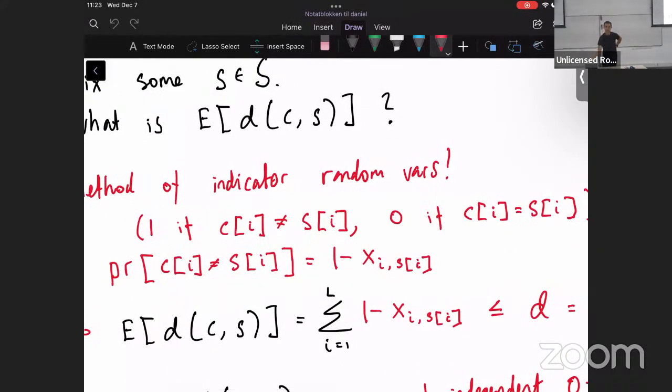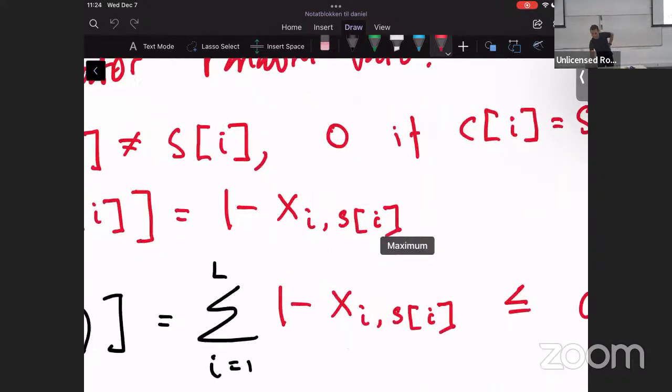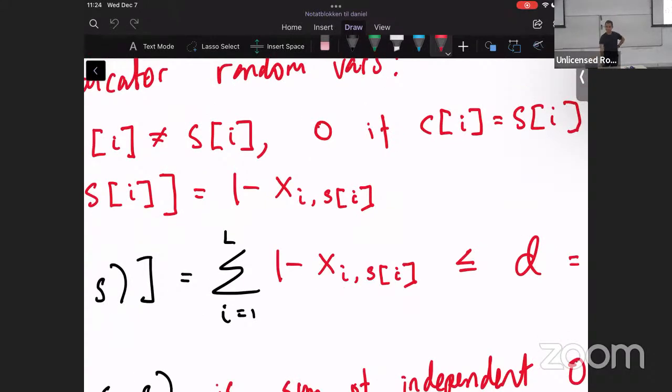Now we ask ourselves, for a given indicator, what is the probability that that indicator is 1? Well, I'm going to set C at position i to be equal to S_i with probability x_{i,S_i}. So the probability that it is different is 1 minus x_{i,S_i}, right?